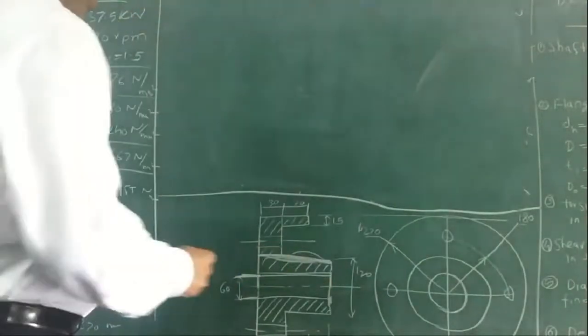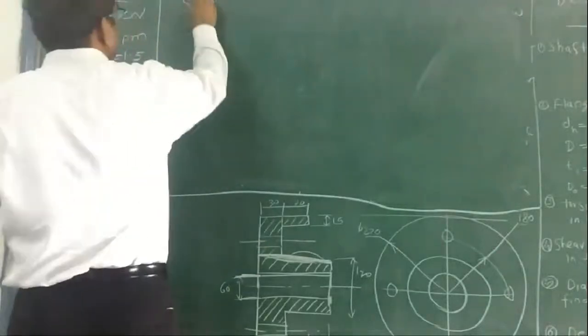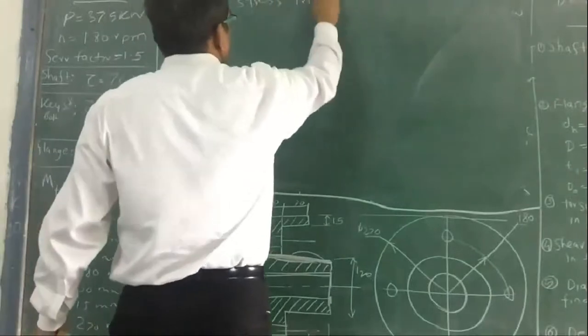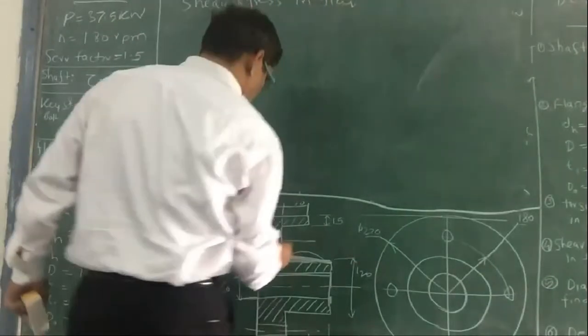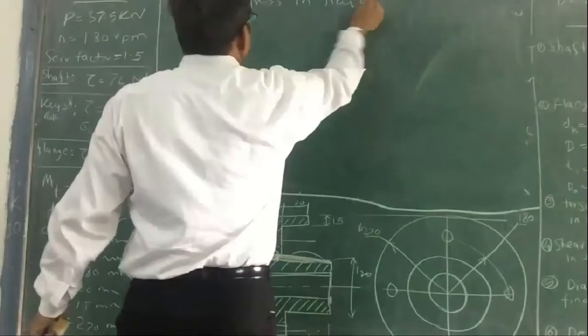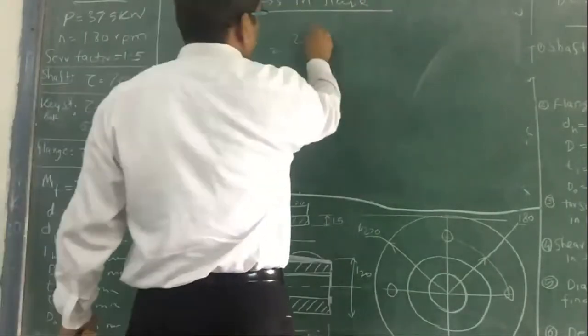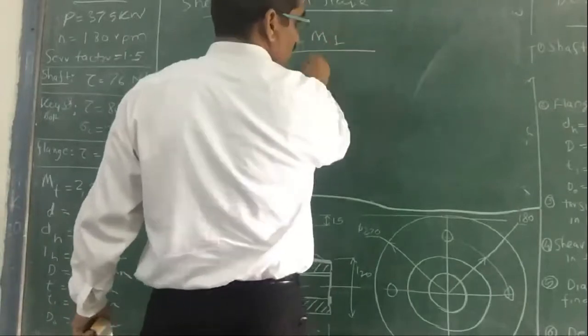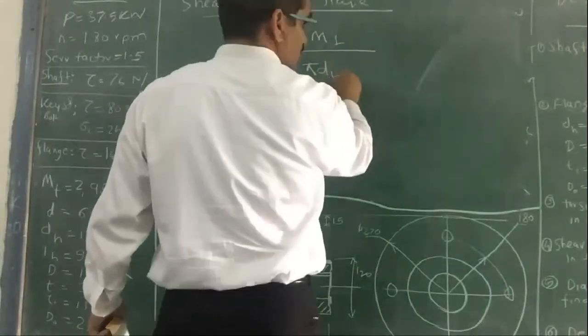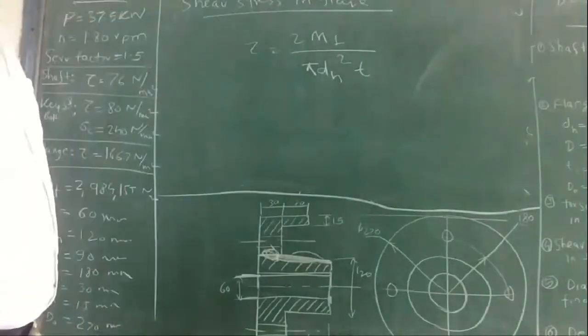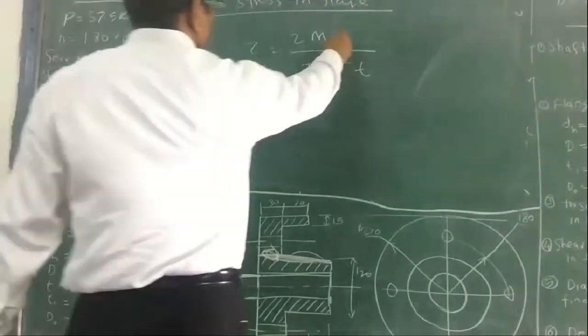Now next step. Now shear stress in the flange. Now this part. Here, shear stress in the flange, right? Here we use the formula tau is equal to 2 MT upon pi dh raised to 2 into t. So here we know torque, we know dh, we know t.